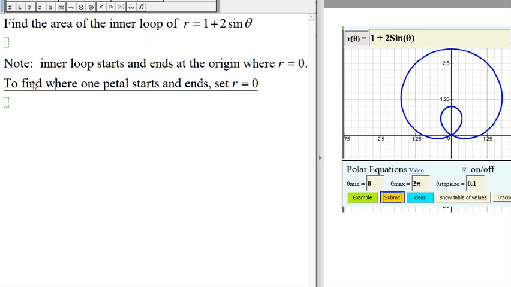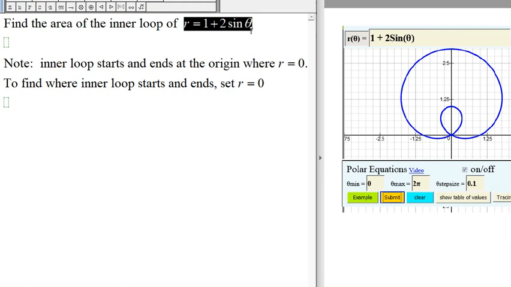To find where the inner loop starts and ends, we just set r equal to 0. So we have 1 plus 2 sine of theta equal to 0.